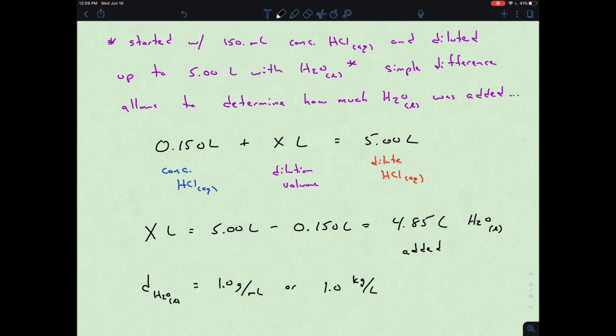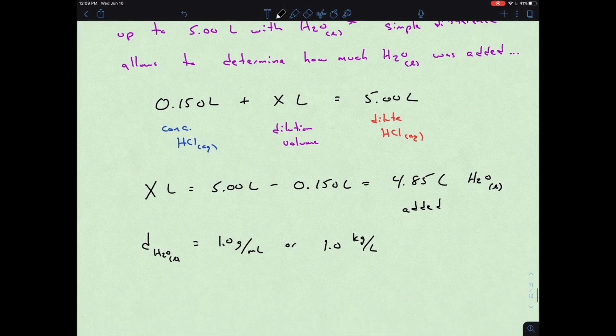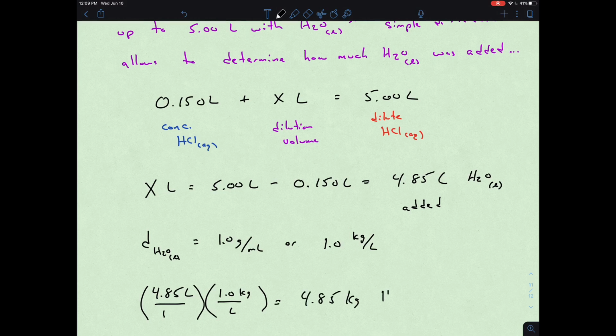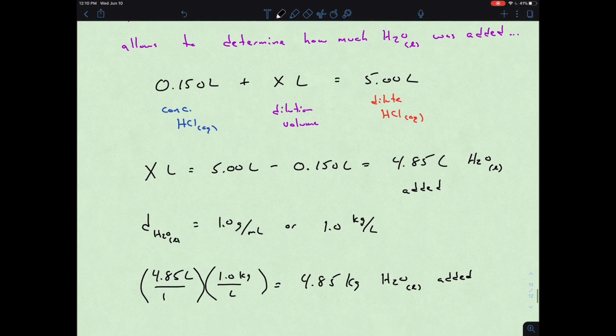So the value of the density doesn't change, and that allows me now to take that 4.85 liters and realize that that's actually the same value in terms of kilograms. So I would have 4.85 kilograms of our water has been added.